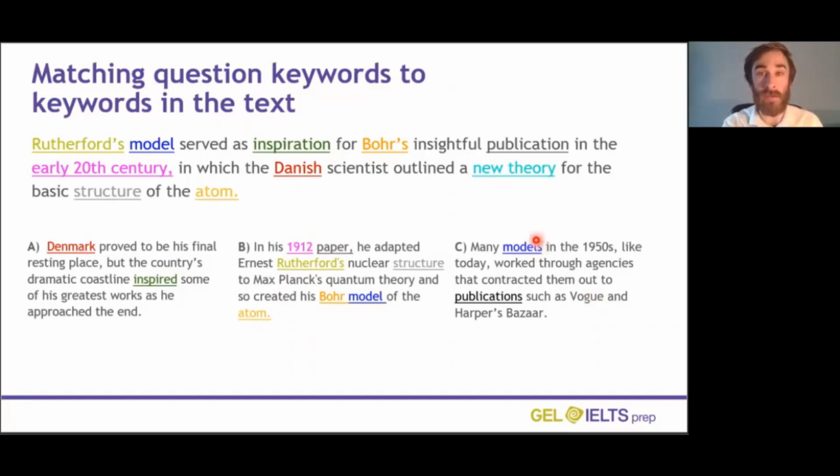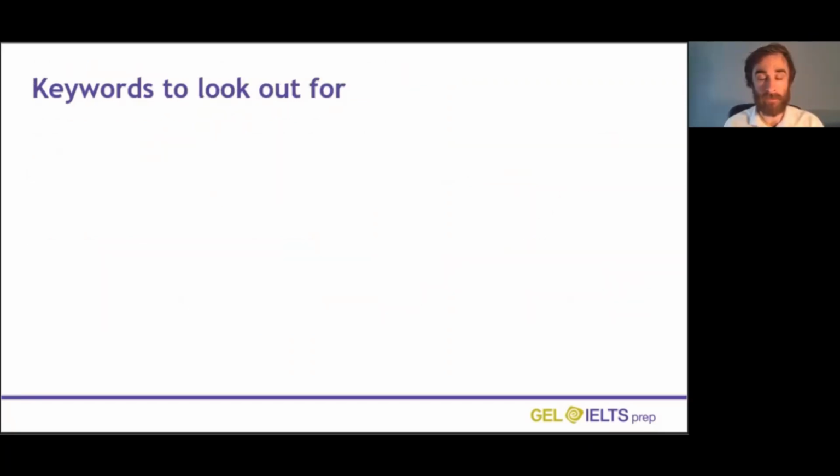So here we're talking about fashion models. So this is a false connection. Publication is the same here, although this text is probably talking about a scientific publication, whereas here it's probably a fashion magazine.